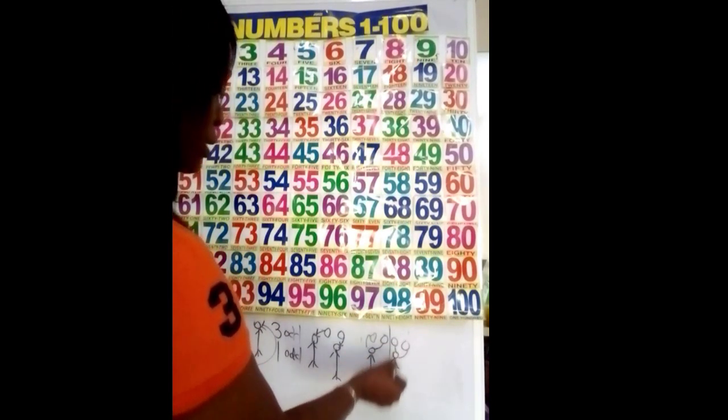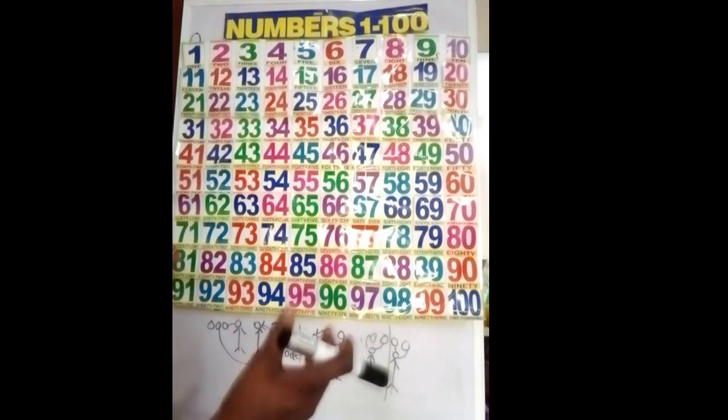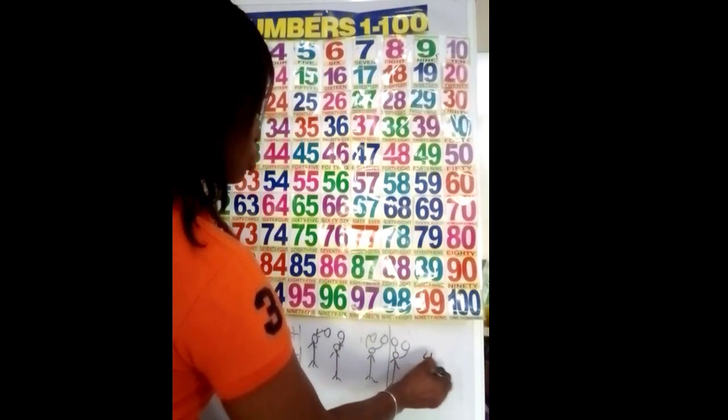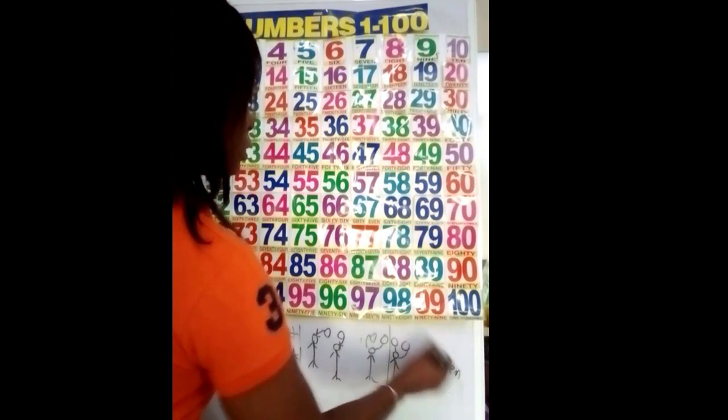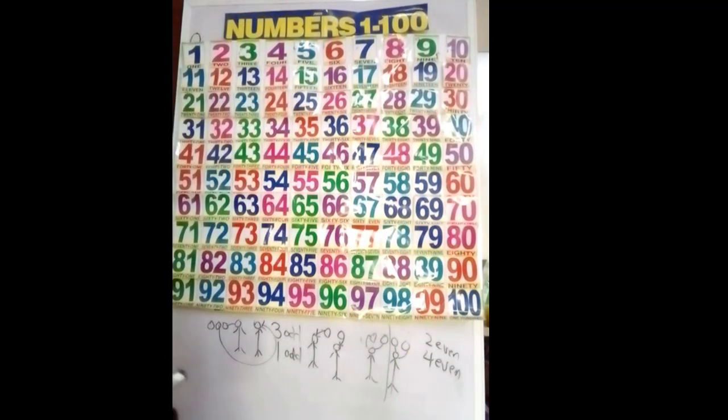So we find out that each of the 2 stick men has 2 oranges. So here again we see a picture of a pair. A pair, remember, is 2 things that are exactly the same. So that means that 4, just like 2, is an even number.